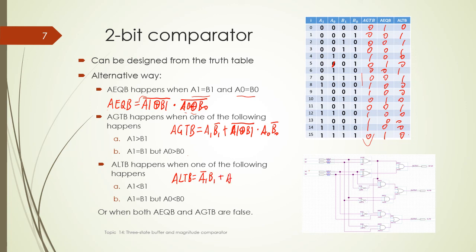Or if A1 equal to B1, and at the same time A0 is smaller than B0, then we say A is less than B. Or like what I said before, it's still equal to A not equal to B, and A not greater than B. This is still valid. So if you draw this out, you get this diagram here.